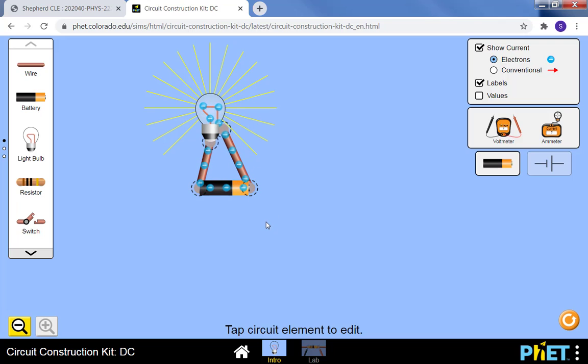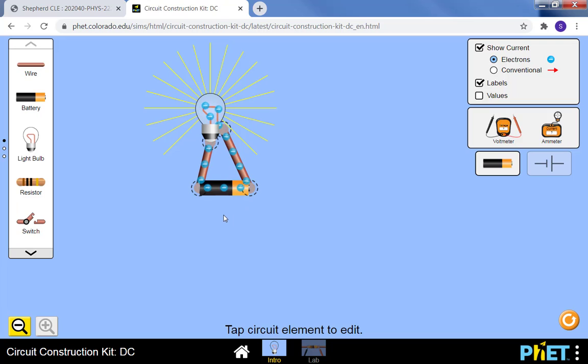You could technically do it with one wire if the wire could bend, but the wires in this simulation don't bend so well. So here we are with two. And notice they've properly modeled the electrons flowing out the negative end of the battery through the light bulb and then coming back into the positive end of the battery.